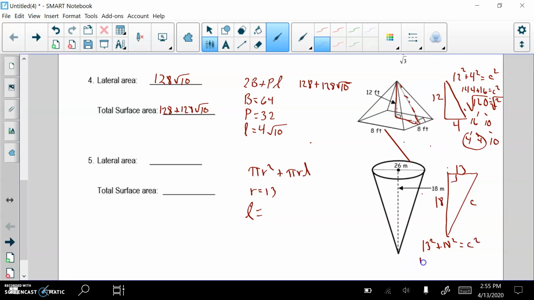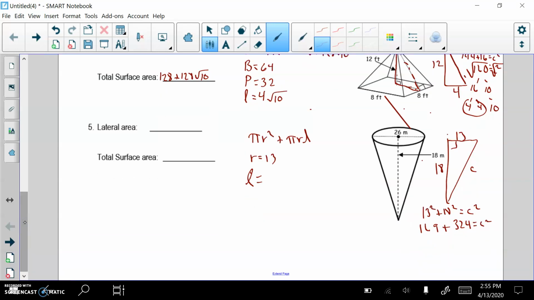That 13 squared is 169. 18 squared is 324. That equals c squared. I add those up. That's a 3, carry the 1. That's a 9. And that's a 3. 393 equals c squared. So I square root that.